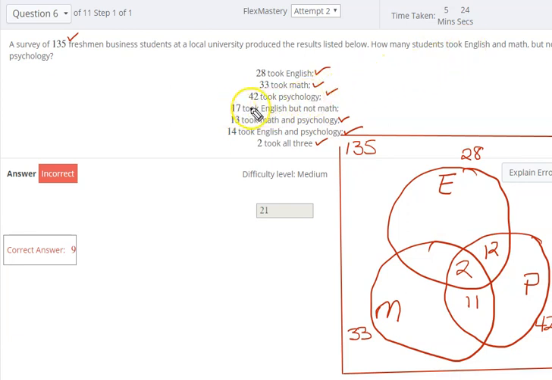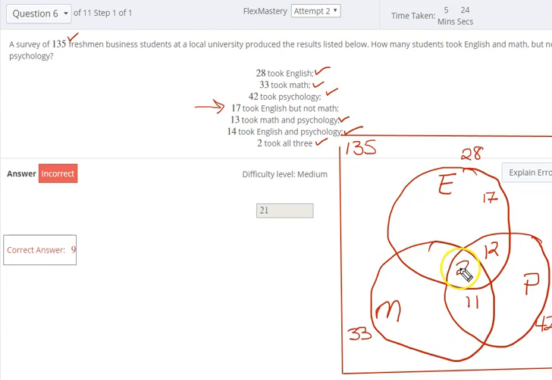Now, the one that's most challenging of all these is this. 17 took English, but not math. Okay, there's our challenge right there. So, in here somewhere, and in here somewhere, there's going to be 17 students.